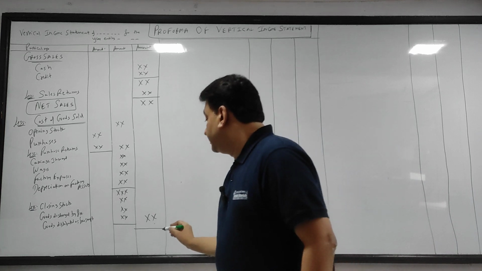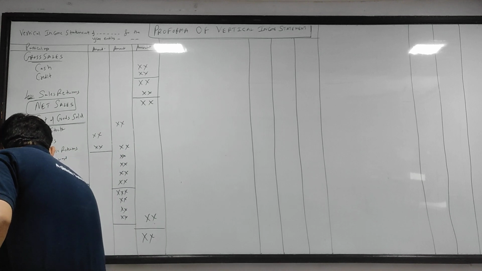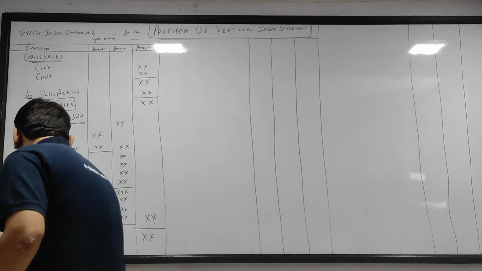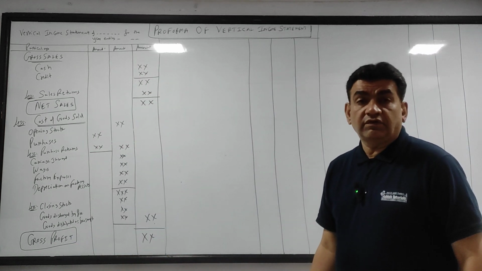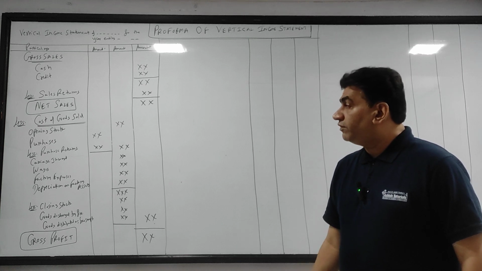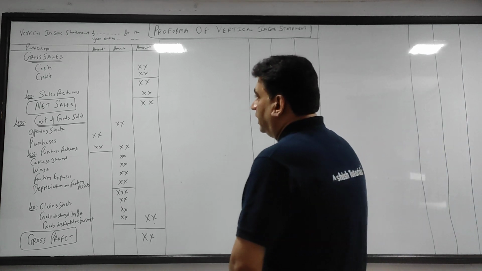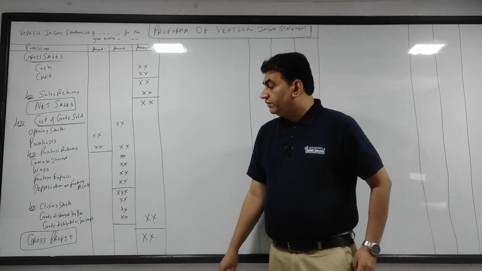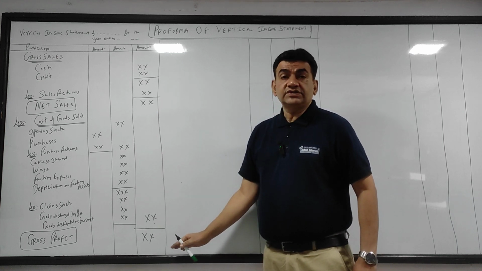And now net sales minus cost of goods sold, the difference you get is my gross profit. So gross profit is net sales minus cost of goods sold. Got it? So this is the first main part.